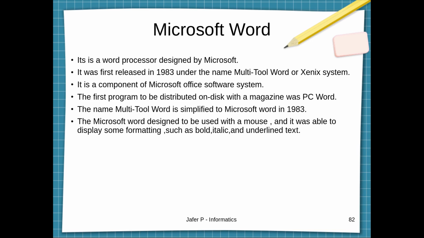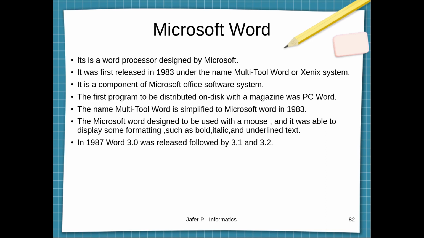Nowadays Word is completely different; when we compare it with Word in 1983, there is a huge difference. In those days in 1983, when Word was developed, it could be controlled by a mouse, and there were also some formatting options like bold, italic and underlined text.